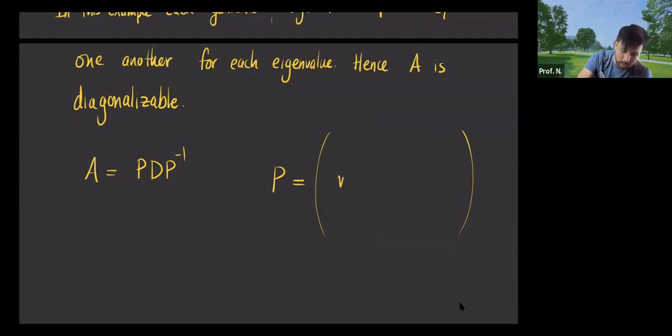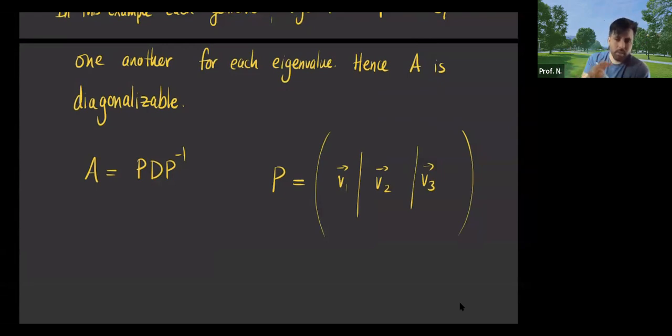So it's just natural to be very nice and say the first column goes to V1, which is associated to lambda 1. And then V2 is the eigenvector associated with lambda 2. And then V3 is the eigenvector associated with lambda equaling 3. I can do that, but I can also rearrange it.